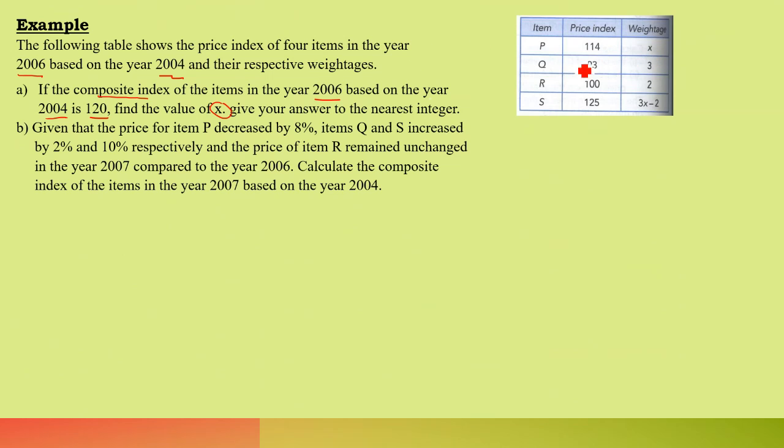So using your formula for composite index, we have 114 times x plus 93 times 3 plus 100 times 2 plus 125 times (3x minus 2), over the total weightage, which is x plus 3 plus 2 plus (3x minus 2), must equal 120, what is given to you.